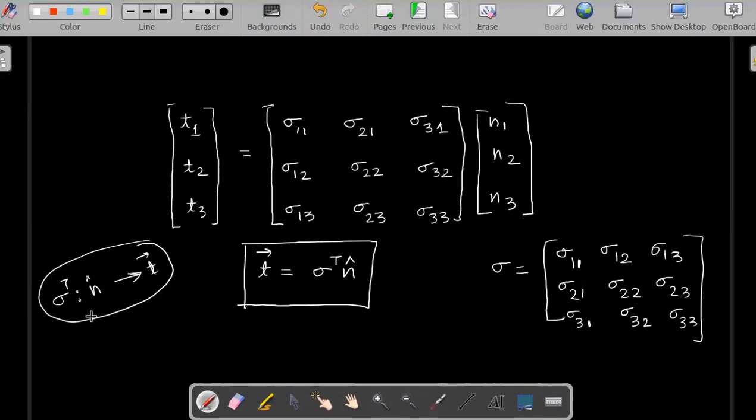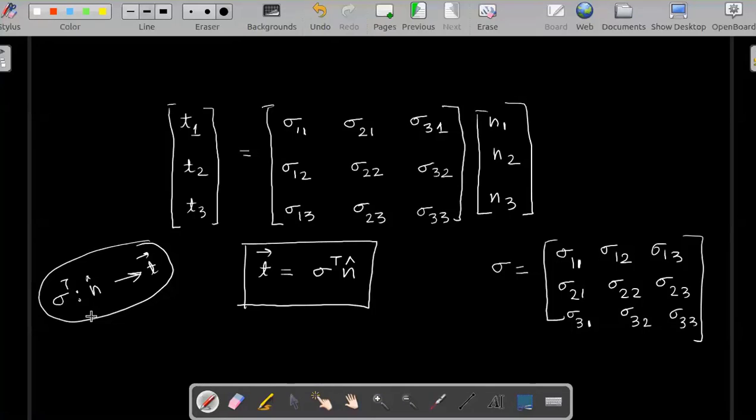Fine. Then what is the physical relevance? The physical meaning is that at a point, sigma transpose is a unique quantity. The point is defined by sigma, the stress, and you give a normal vector.